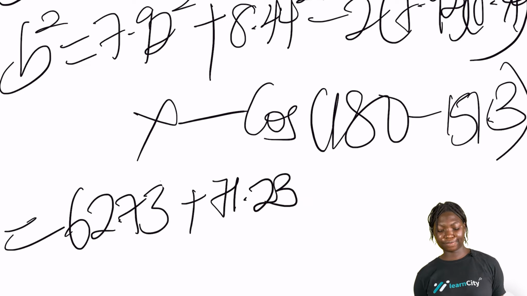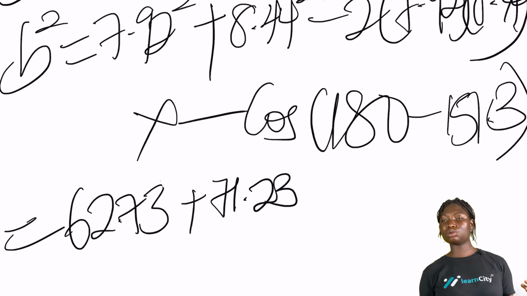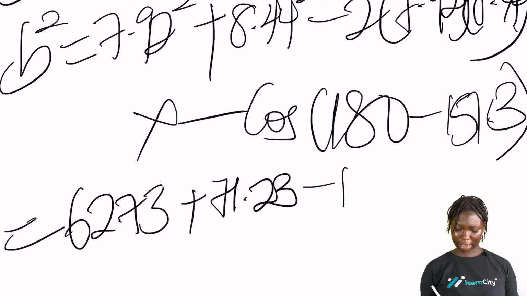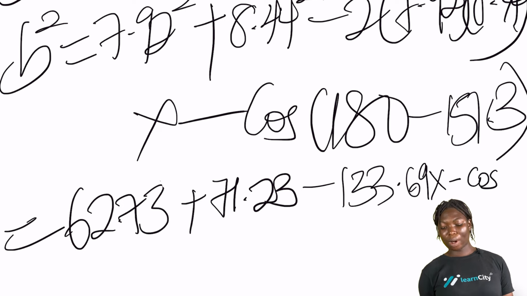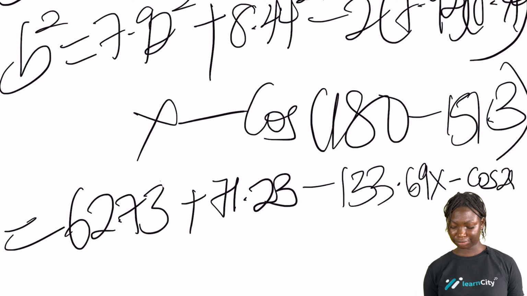Now, we have 2 times 7.92 times 8.44 to now be 133.69. Minus 133.69 times minus cos 180 minus 151.3, we have it to be 28.7.